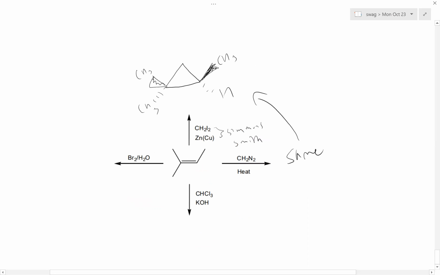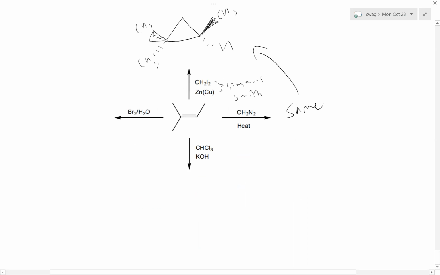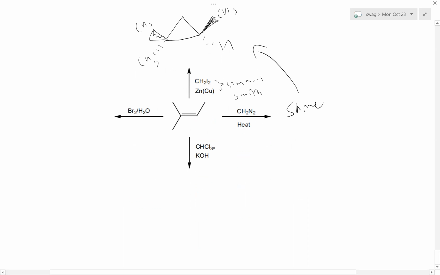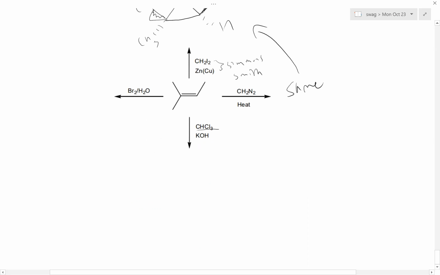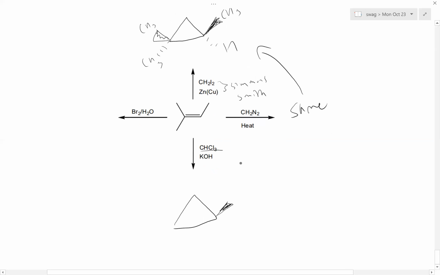All right, so now, continuing on the subject of cyclopropanes, what does this one make? We just went over this. I'll give you a hint. It looks like this one that we just drew, except, what's the difference? There's not going to be 3 reagents that give you the same thing.